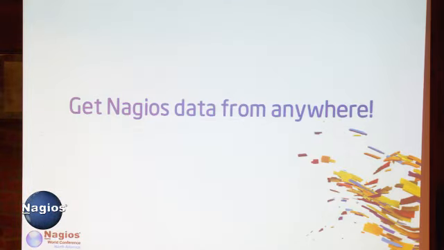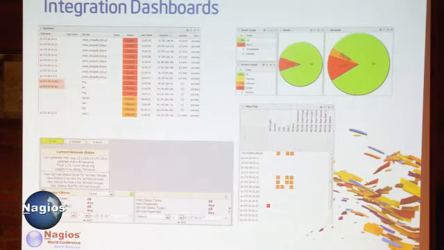Get Nagios data from anywhere. Basically, this is the way that we can see all the monitoring systems in one place. We are using Thruk for that, and Thruk is an aggregation dashboard where you can put all your Nagios servers with MKLive, and it has other brokers.